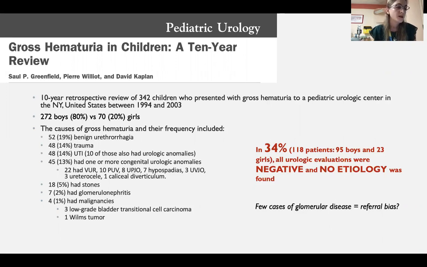It's also interesting to note that in this review, there were very few cases of glomerular disease identified, probably again due to referral bias, given that this paper is a more urologically focused paper.